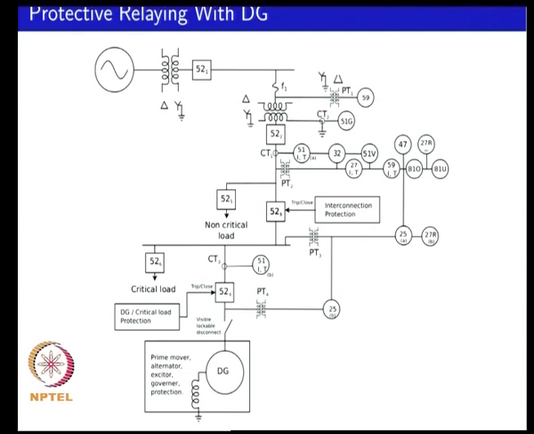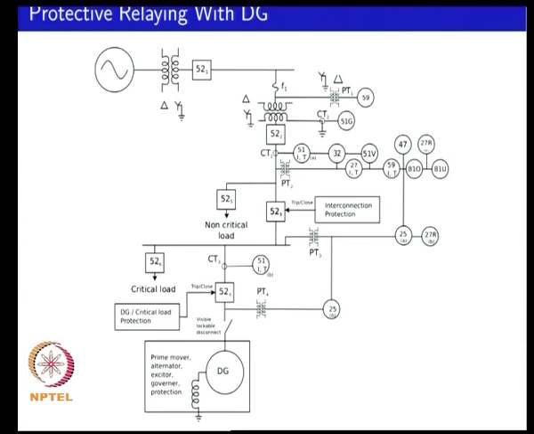For example, you could use this 32 as a reverse power relay to detect whether the power is going out of your PCC, to detect whether it is an unintentional islanding, but then that would restrict you to have a DG where the power is not allowed to go out. If you have a large solar farm or a large wind farm, your actual intention of operating the device is to send power out. So, you do not have a standard anti-islanding protection relay. Other than that, everything else is actually standard protection equipment which you could program.